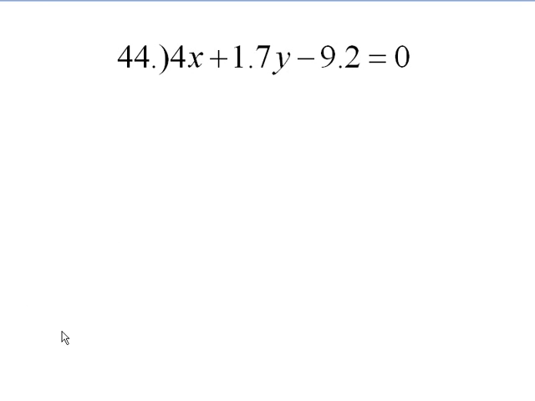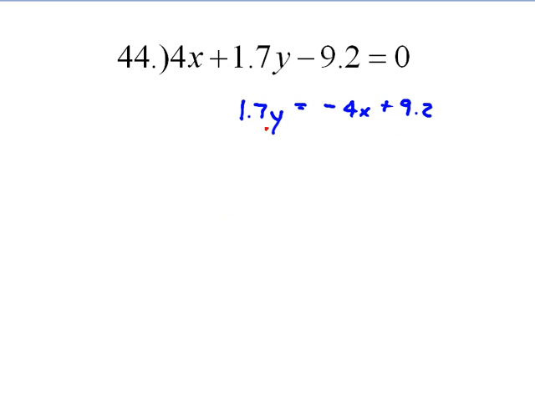Oh, this looks nasty, doesn't it? Well, we need to put it in the tangent formula. So let's see. Let's keep our 1.7y equals -4x, and we'll move that 9.2 to the other side, so we'll end up with a positive 9.2.